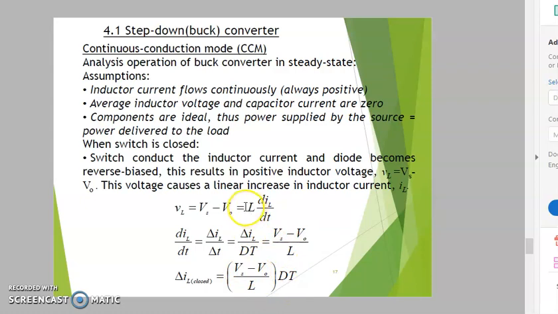So this formula is used to determine how much the ripple range is, or what value of inductor you want to use, because when you design a circuit or a schematic or a system, this is the amount that you need to accomplish.